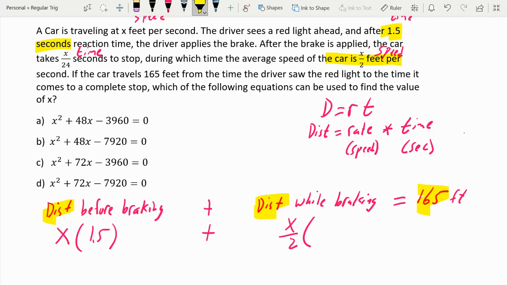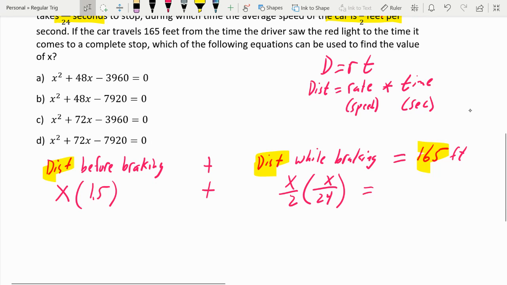Did they give us a time? Yes, they did: x over 24. So all of this is going to equal 165.